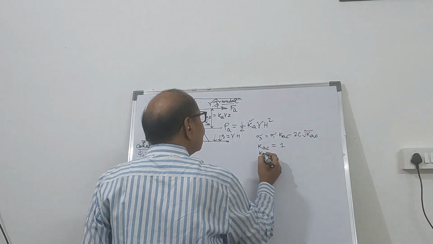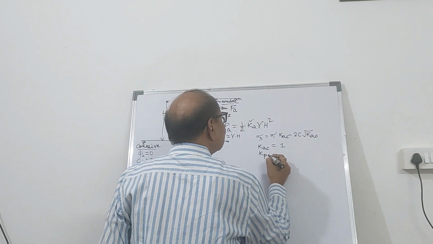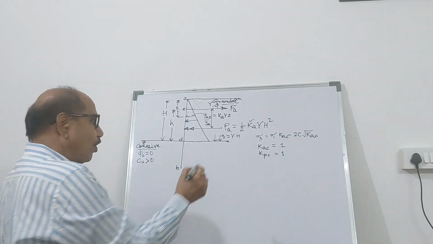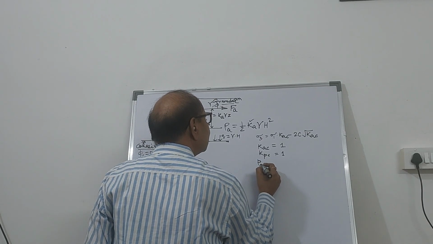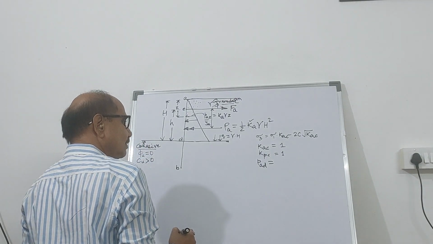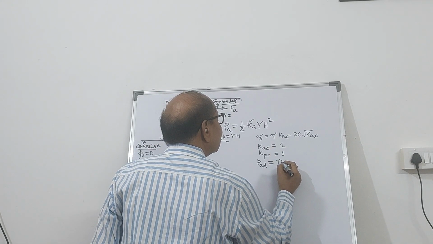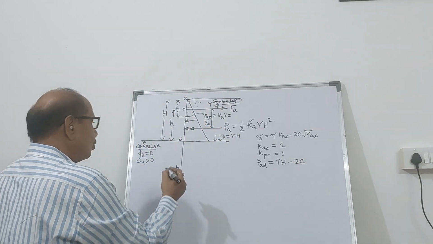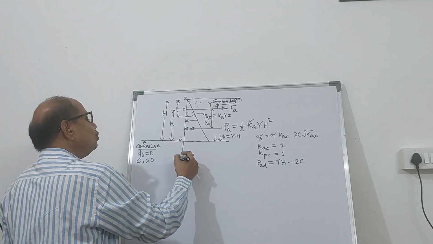And also the coefficient of passive earth pressure for the cohesive bed will be unity. Therefore, the lateral pressure at D, PA at D, will be given by the vertical pressure, that is gamma H minus 2C.